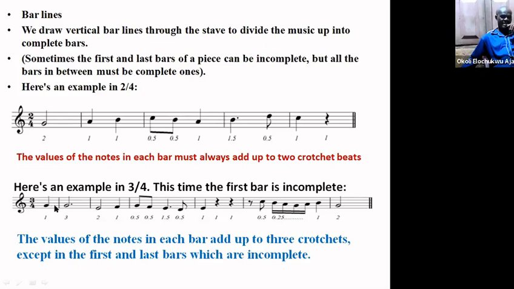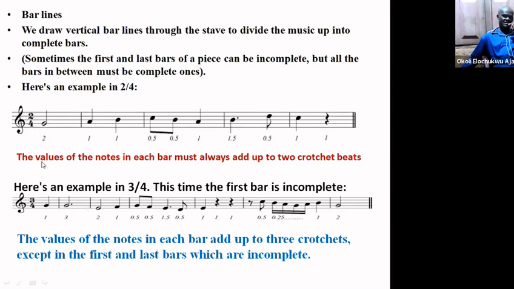That is why it is also possible sometimes the first bar may not be complete and the last bar. If the first bar is not complete, there is every chance that the last bar will not be complete, because you have to add the value of the last bar to that of the first bar to get the measure complete. So looking at this now, we take it from the second bar.